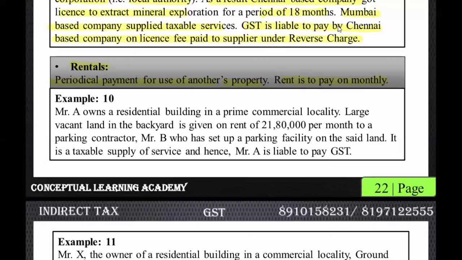Now, suppose for example you are getting rent from a property. What do you think that will be, goods or services? It will be services. Everybody agree with Priyanka? But what service are we really providing?